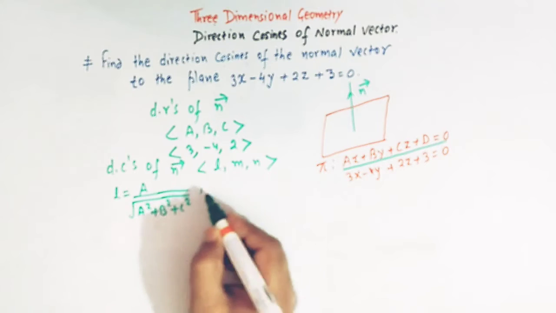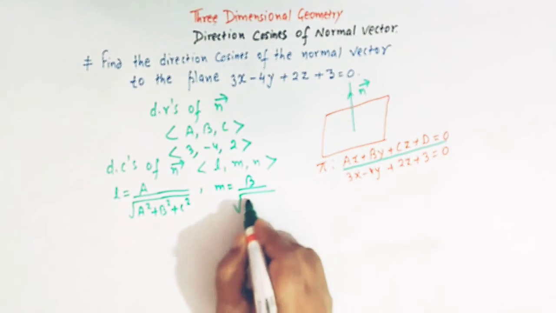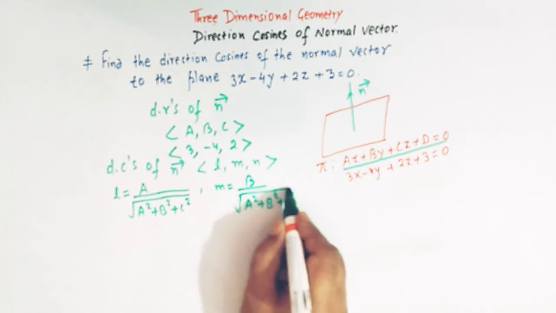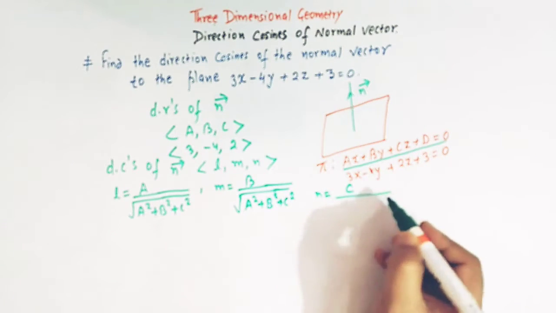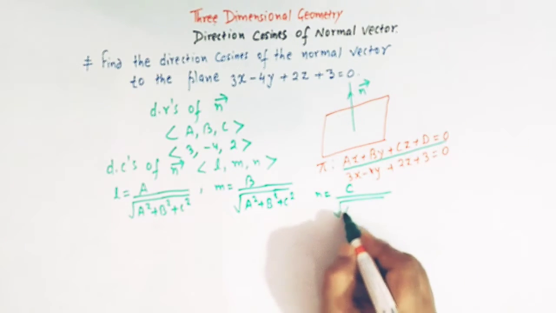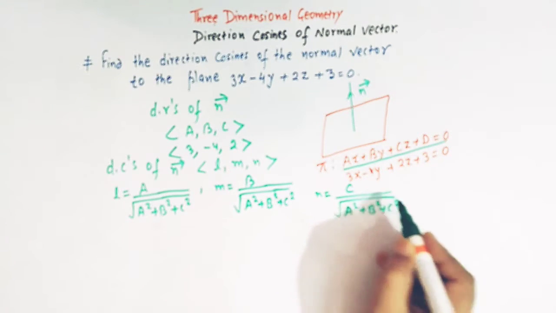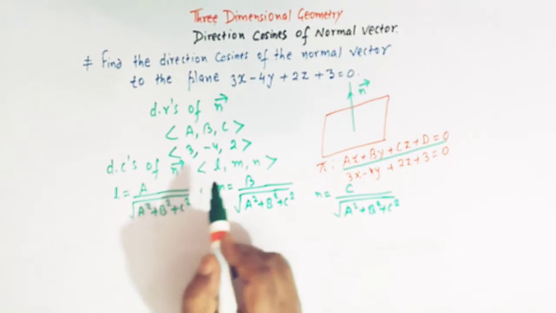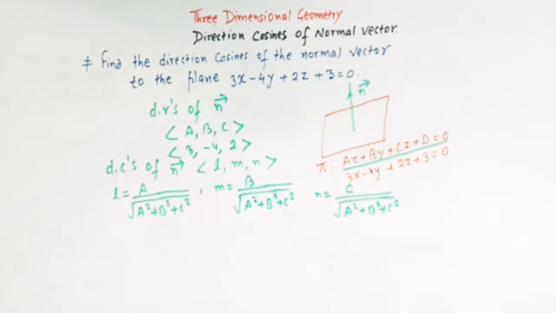Then m is given by b over square root of a square plus b square plus c square, and then n is given by c divided by square root of a square plus b square plus c square. So this is the relation between the direction cosines and the direction ratios.